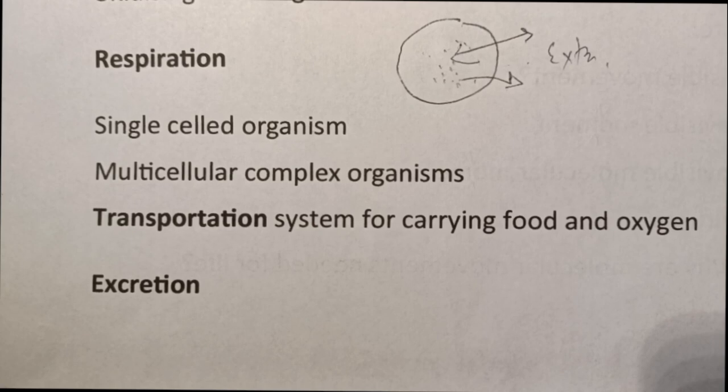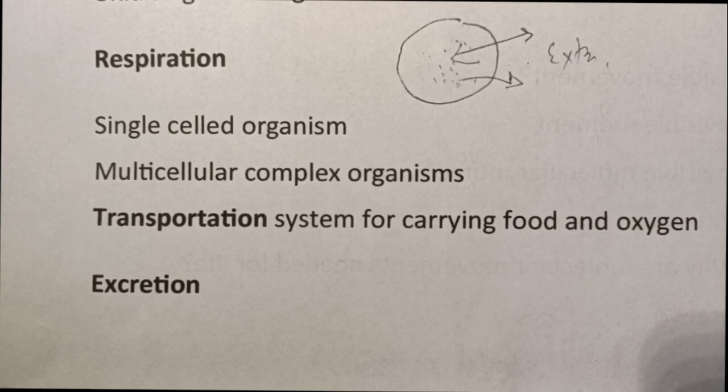This makes it necessary that these complex food products and carbon dioxide and oxygen and waste products need transport from one part to the other part, because simple diffusion is not sufficient for this process. Now, this transportation system involves cardiovascular system, that is a heart and its blood vessels.